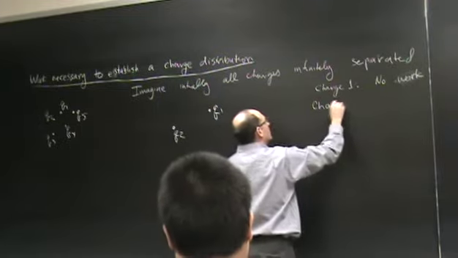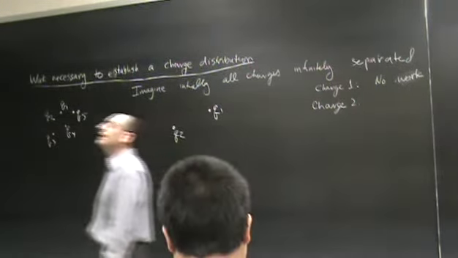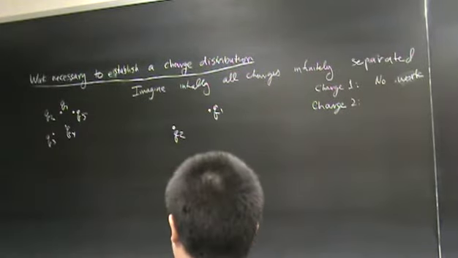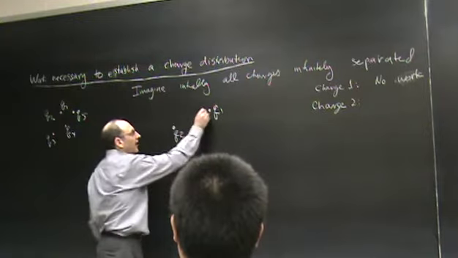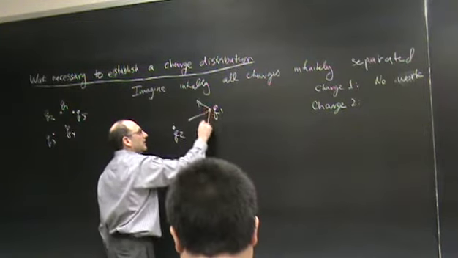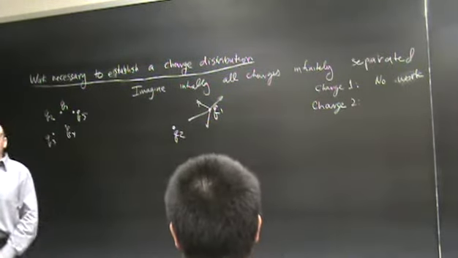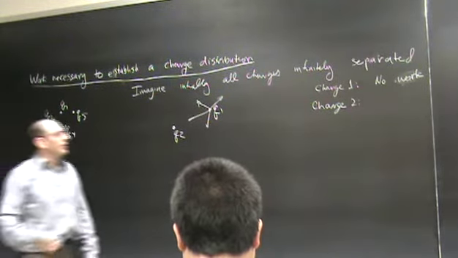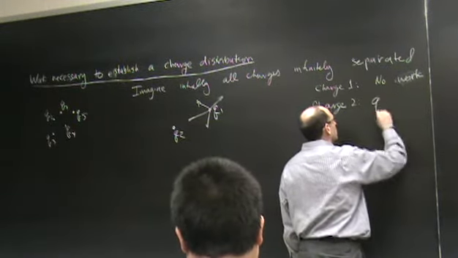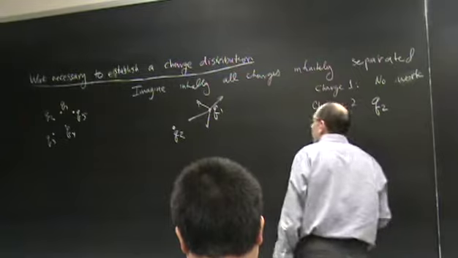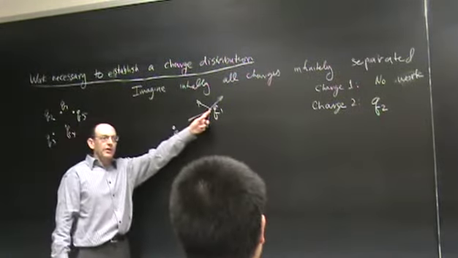Charge 2, well, the work I did was the potential energy of this charge in the presence of the electric field produced by that charge. And we just said what that was. So the work that charge 2 has to do is Q2 times the electrostatic potential produced by this external field.